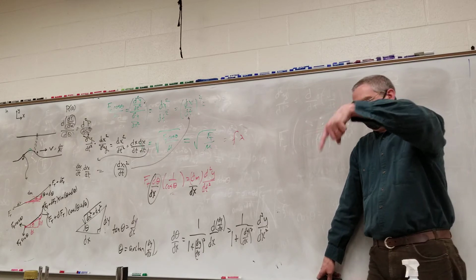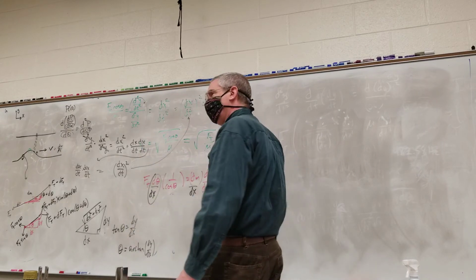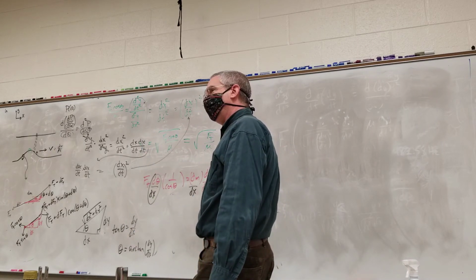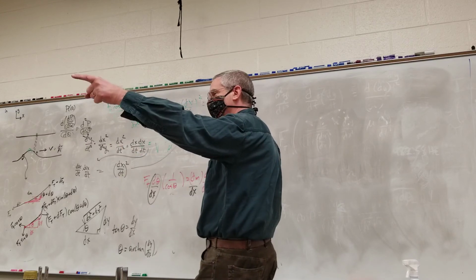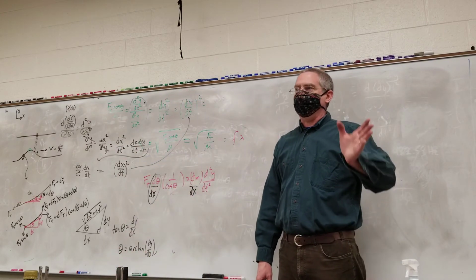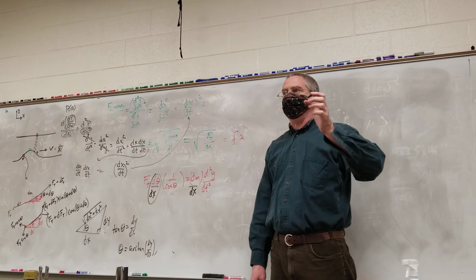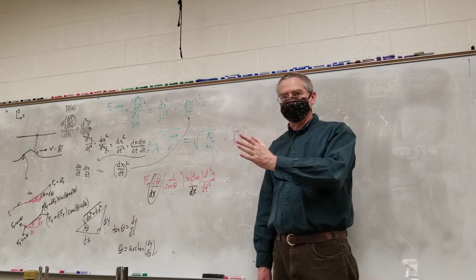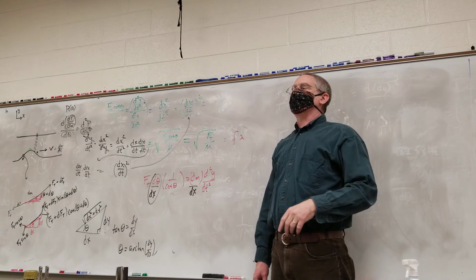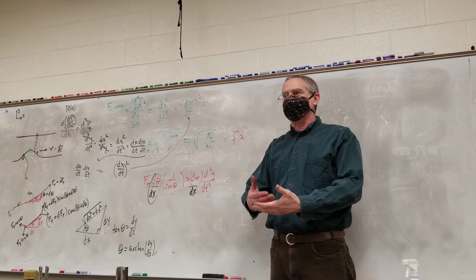Relate that to what my hand did with the slinky. The gust of wind would have to keep hitting it at the right time, would it not? Yep. In order for that to be resonance, you'd have to have a burst of wind, followed by another burst of wind, followed by another burst of wind.